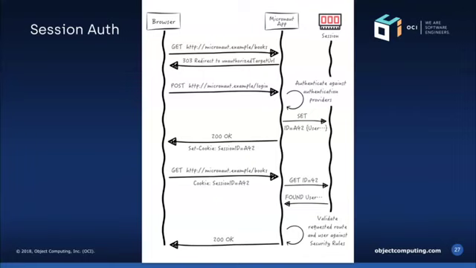So the next time the user tries to access the books endpoint, the cookie with the session ID will be sent. Micronaut will see if it has a session with that particular ID. If it has, it will retrieve the authenticated user from the session and consider that the user is authenticated, and then it will perform the necessary security rule evaluation and continue the flow.